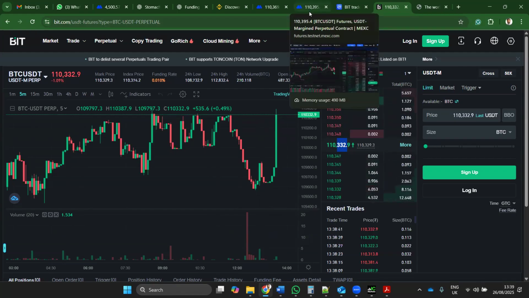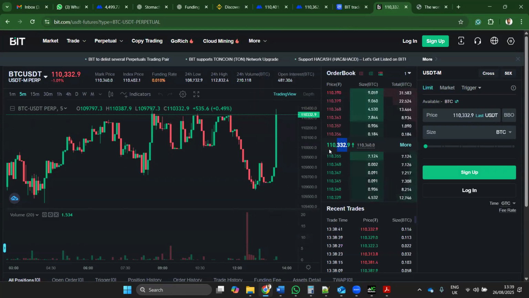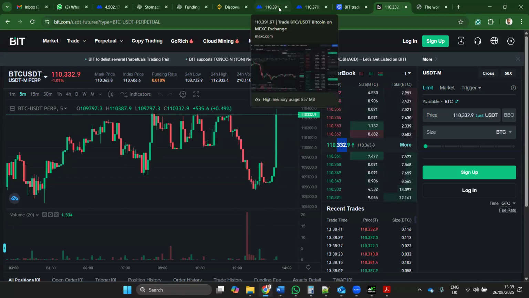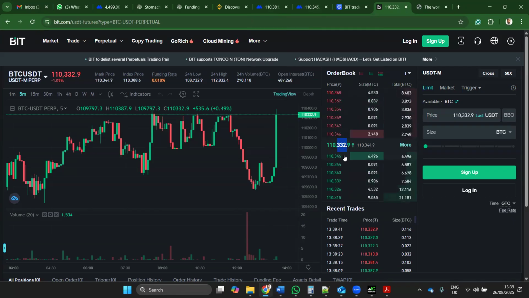And the price on the other has only moved slightly, almost the same. So basically there's a lag in the price, a lag in this exchange. On this one, 370. Now Bit has caught up with the price, but you can see there was a lag in there. We just spotted that a few seconds before there was a lag.